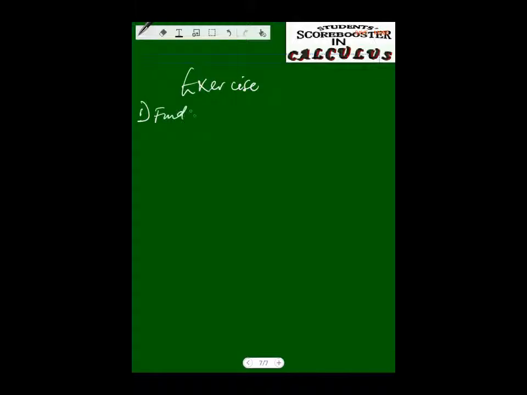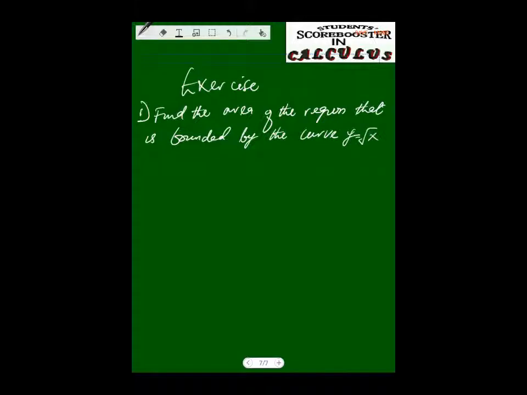First one is find the area of the region that is bounded by the curve y is equal to square root of x, the line x is equal to 1 and the x-axis.